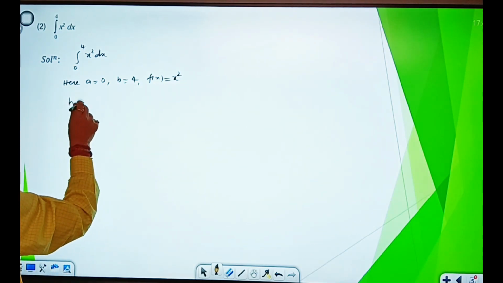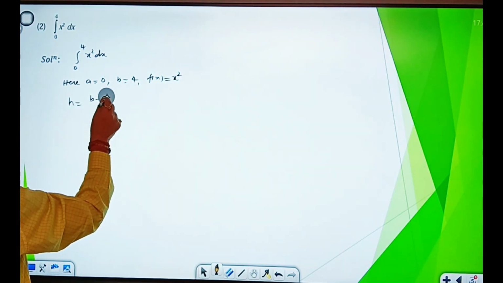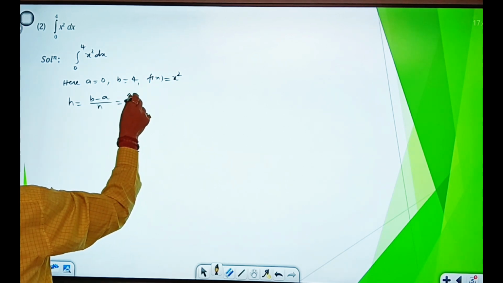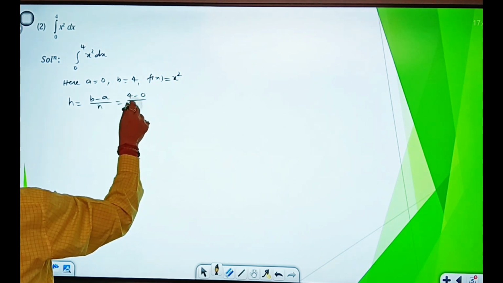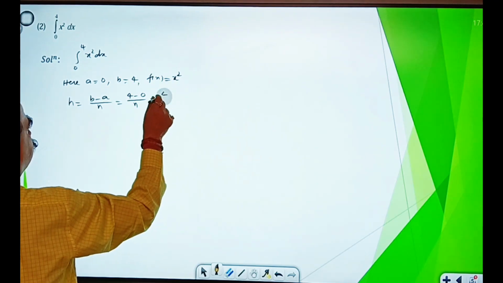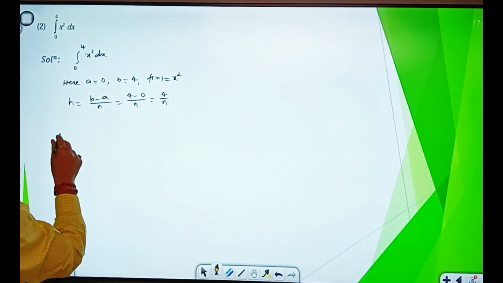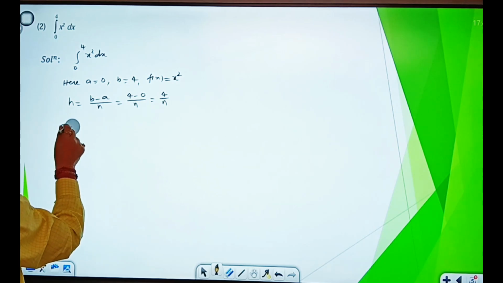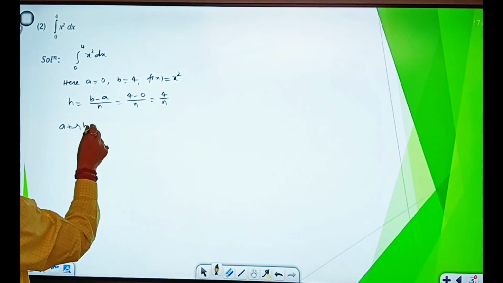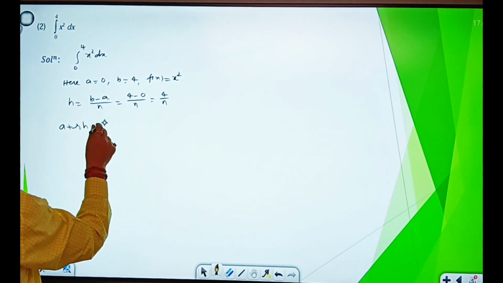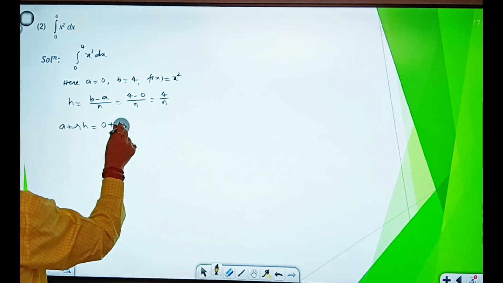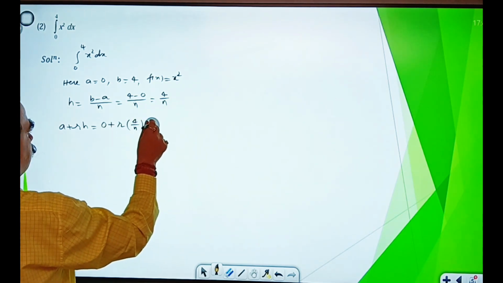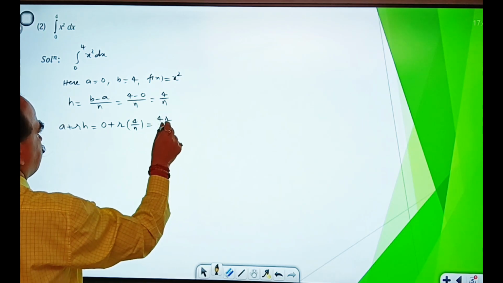What is h? (b minus a) upon n, 4 minus 0 upon n, 4 by n. Then find out a plus rh. a is 0 plus r times h, which is 4 by n, which is 4r by n.